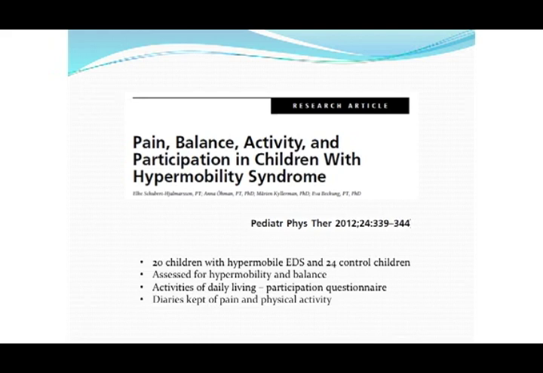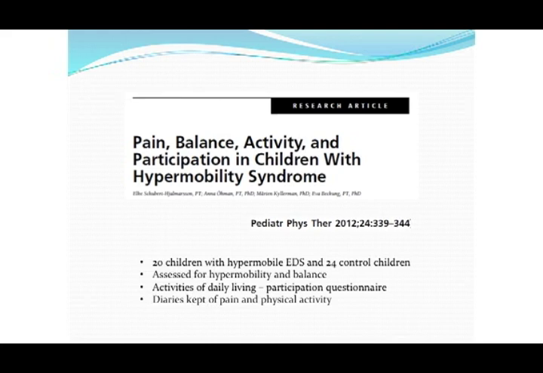This is an interesting paper that was published in 2012 in Pediatric Physical Therapy documenting increased problems with balance in children with hypermobility. In this paper, 20 children with hypermobile Ehlers-Danlos syndrome and 24 control children were assessed clinically for hypermobility and balance. They were questioned about their participation in activities of daily living and asked to keep diaries of their pain and physical activity.